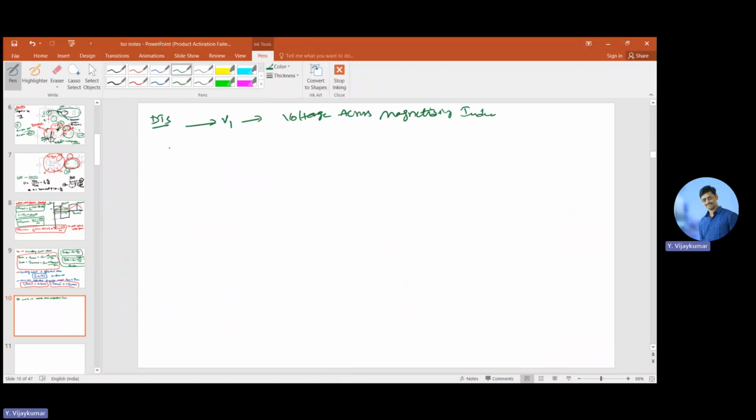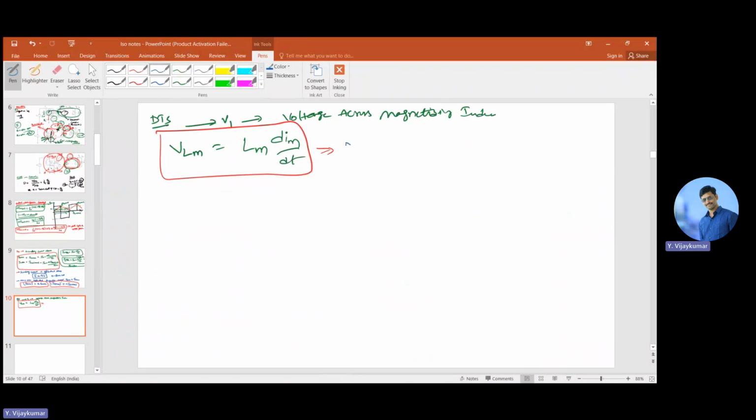I'll call this VLM, the voltage across the magnetizing inductance. VLM is equal to Lm times dIm by dt, where Im is the magnetizing current.